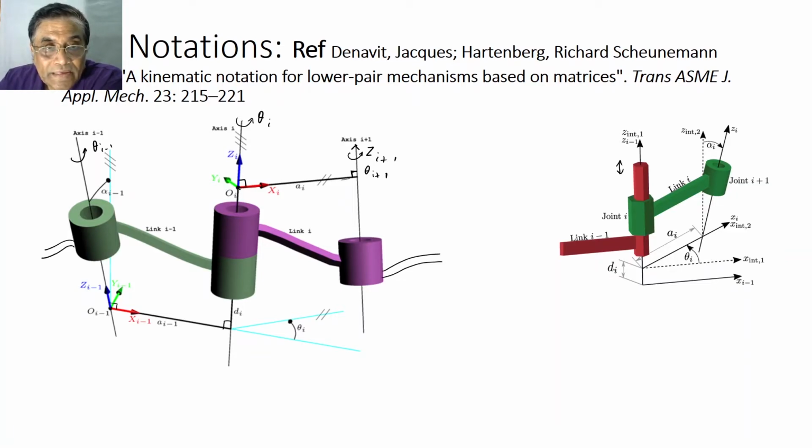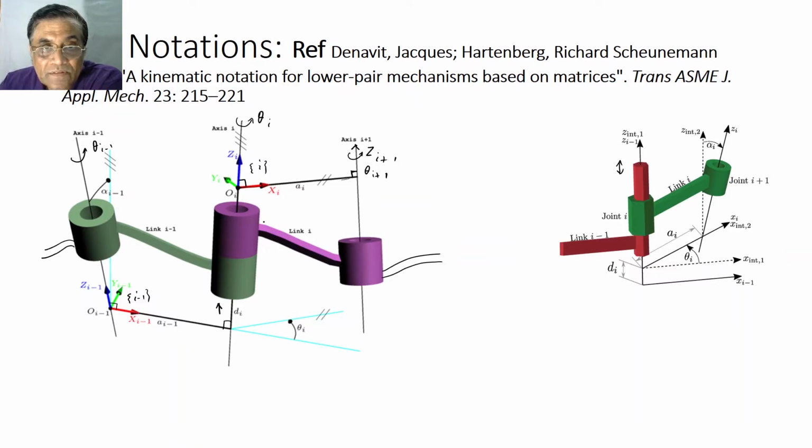So you see, here is the origin of the ith coordinate frame, and here is the origin of the I minus 1 coordinate frame. So this is a common normal, this is another common normal, and the distance between these two common normals is known as di, and it is measured in the direction of z.